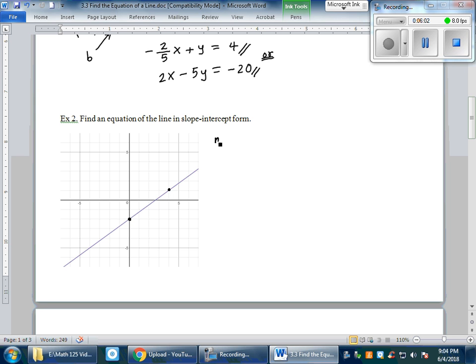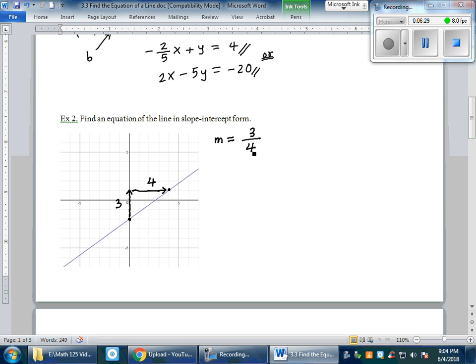So what is my slope in this case? I will count from left to right. So it will go up 1, 2, 3 units. So go up 3 units. And to the right, 1, 2, 3, 4 units. So that means my slope will be 3 over 4 for this line.